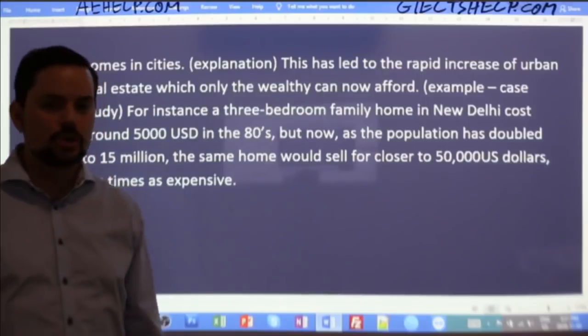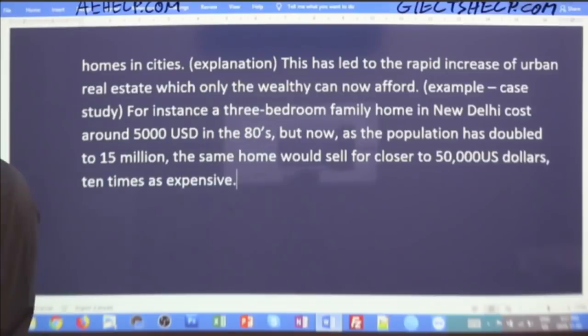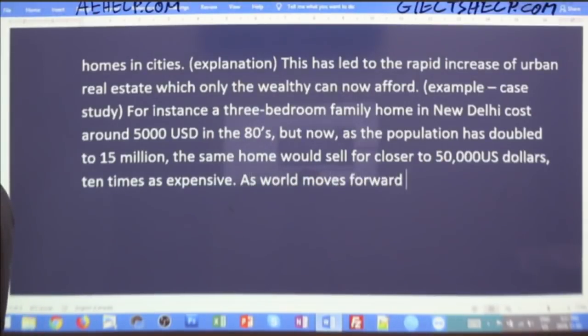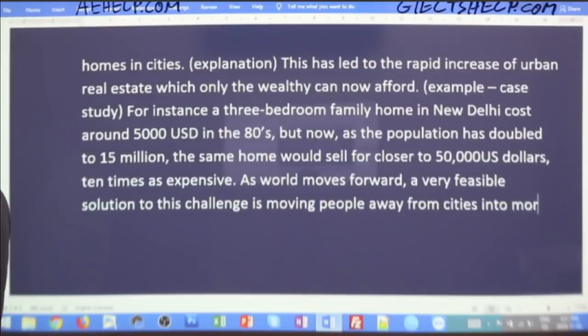So what's the solution? Decentralization. So as the world moves forward, a very feasible solution to this challenge is moving people away from cities into more rural areas.